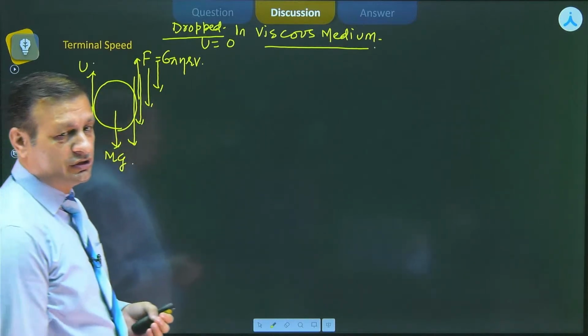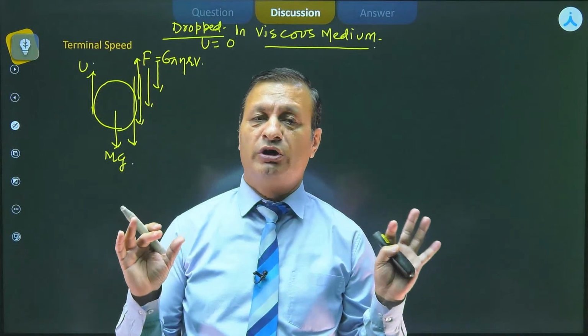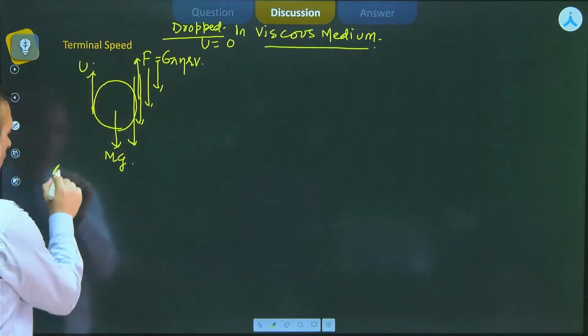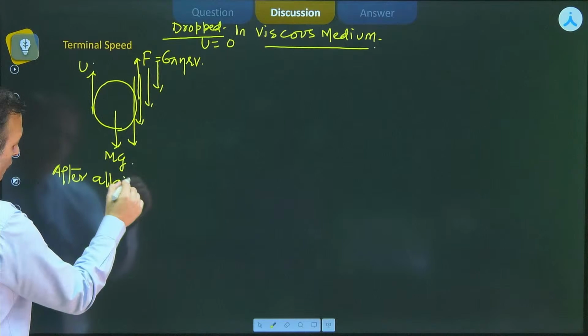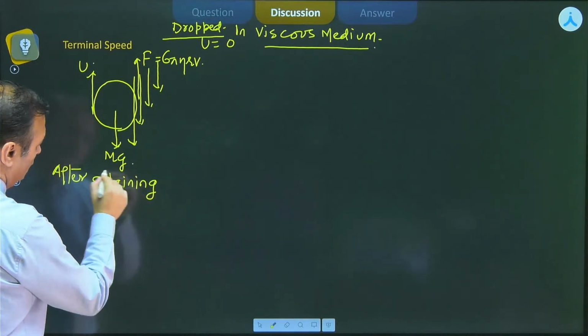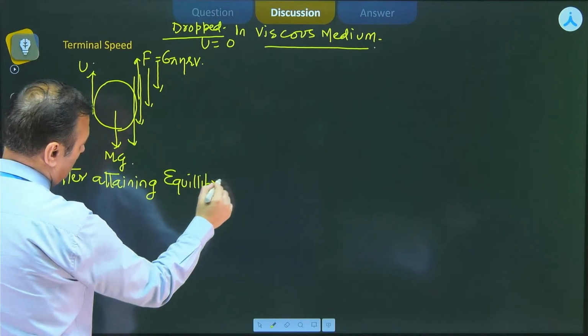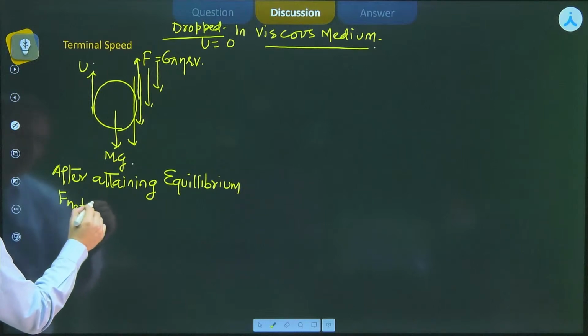So these forces come into play, and finally a condition may come when this body will be in equilibrium. Equilibrium means net force is 0.